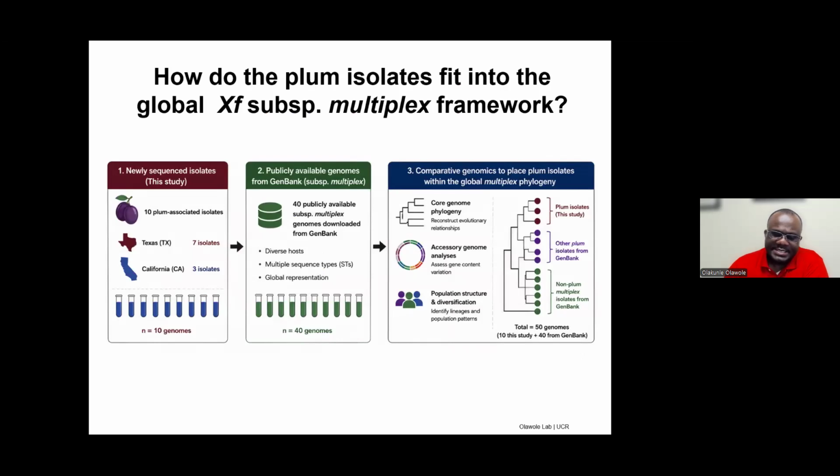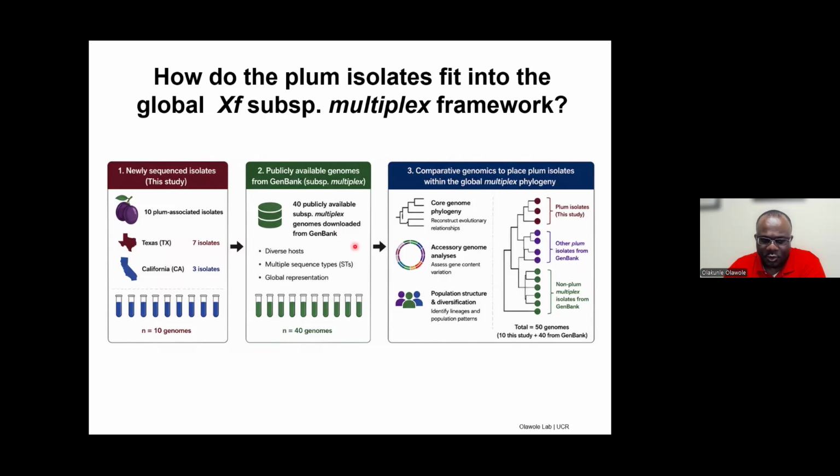To place our isolates into a broader evolutionary context, we compared them against publicly available Xylella fastidiosa subspecies multiplex genomes. We sequenced 10 strains that we had at the time, 7 from Texas and 3 from California, and integrated those with 40 publicly available multiplex genomes that represent diverse hosts and sequence types.